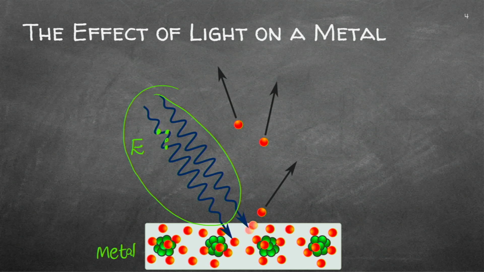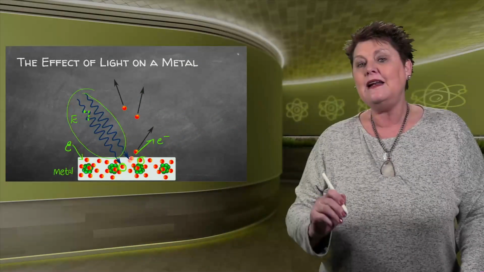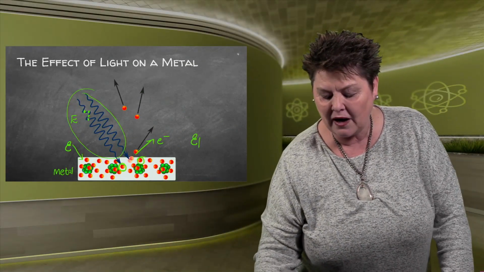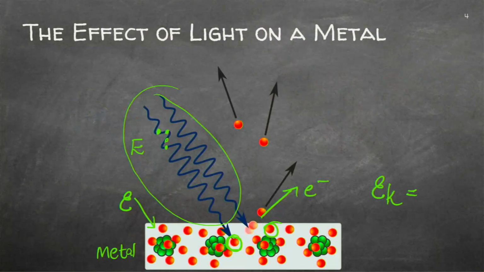If it's got enough energy coming in, it will loosen up an electron and have that electron moving out. And that electron will travel at a certain speed, and it will have kinetic energy. And remember, we've got an equation to work out the kinetic energy.